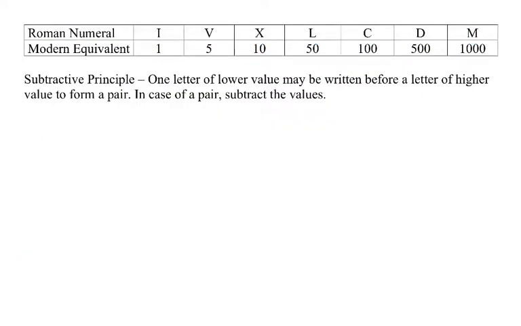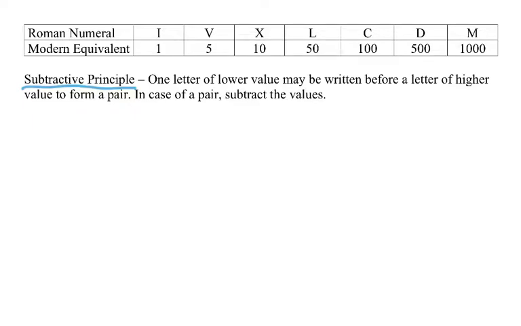Well, there's one more principle. It's called the subtractive principle. And this is definitely more elaborate. It says that one letter of lower value may be written before a letter of higher value to form a pair. In case of a pair, you subtract the values.